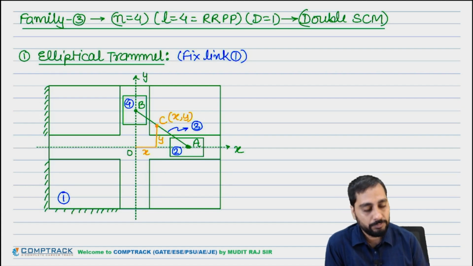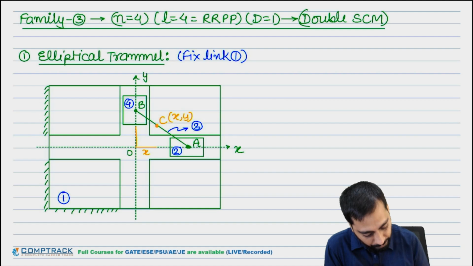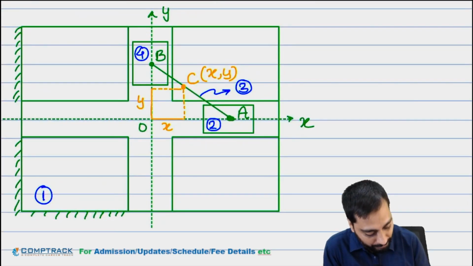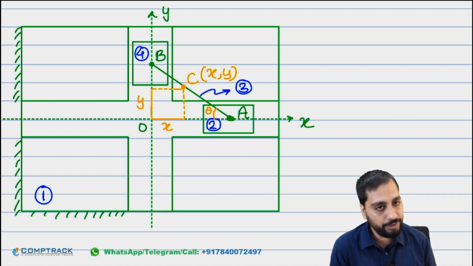Yes or no? This is the y distance. This is the x distance. And right now let's say it is making some angle theta with the x-axis like this.